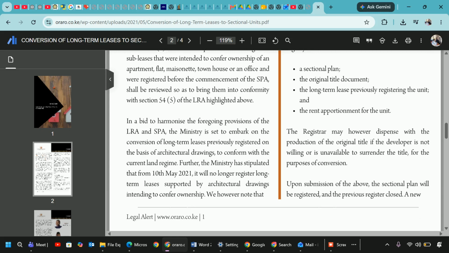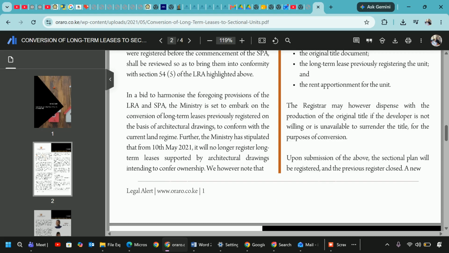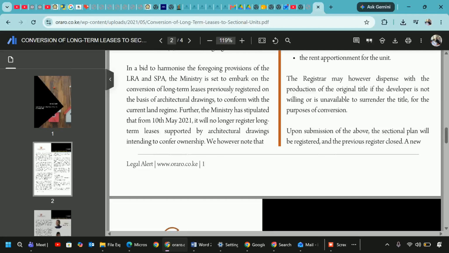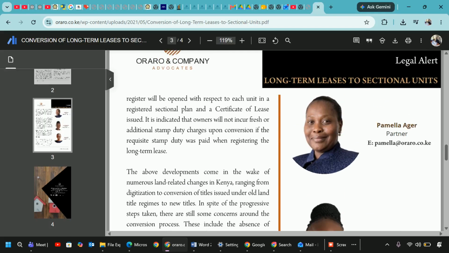The registrar may, however, dispense with the production of the original title if the developer is not willing or unable to surrender the title for purposes of conversion. Upon submission, the sectional plan will be registered, the previous register will be closed, and a new register will be opened.